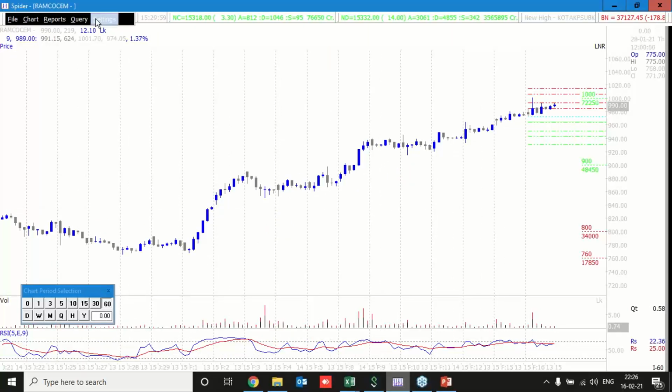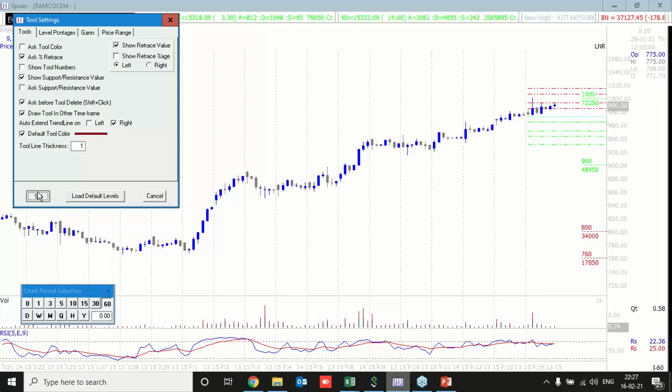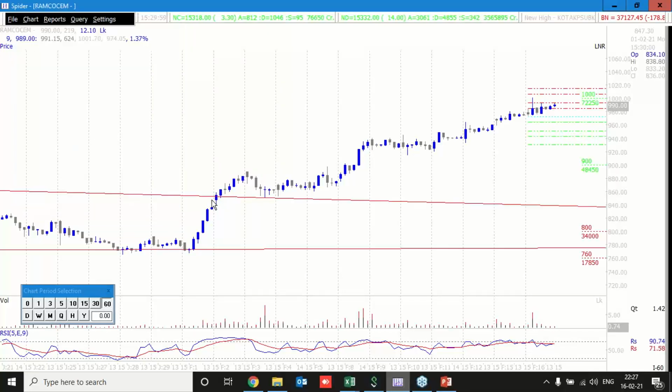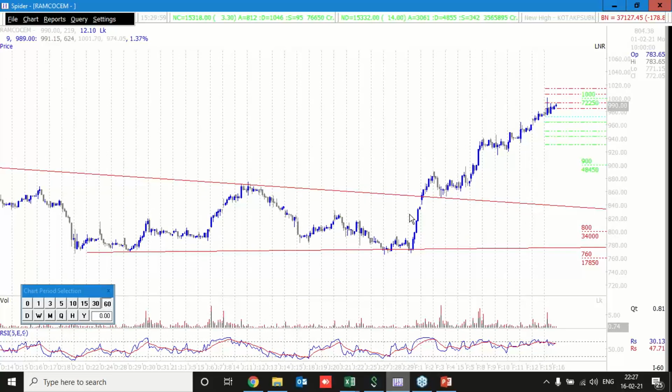Let me use the trend lines. So this is the point where the breakout happened on the higher time scale. This is the triangle I was talking about, and this is the hourly chart.